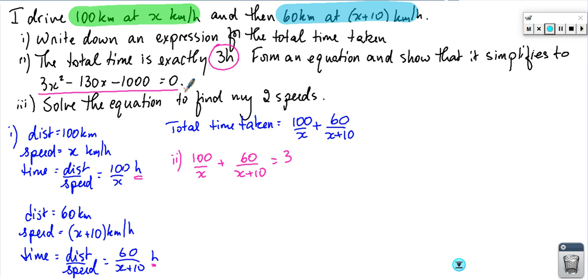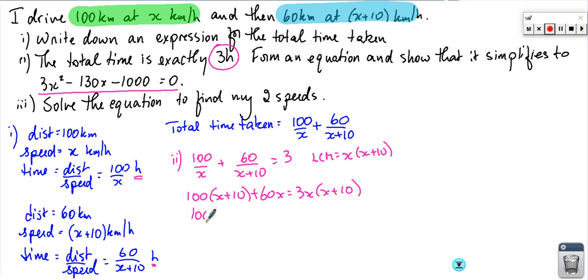So the LCM in this case is x times x plus 10. Multiplying each one by the LCM, the first one, x cancels out. I'm left with 100 into x plus 10. Plus, eliminating x plus 10, I'm left with 60x. 3 times x times x plus 10. As you can see from here and from here, it seems to be correct.